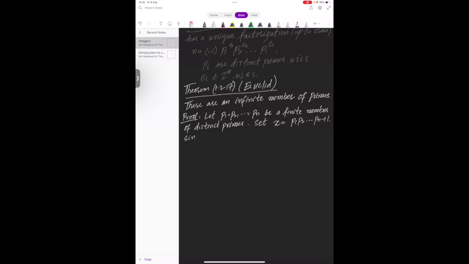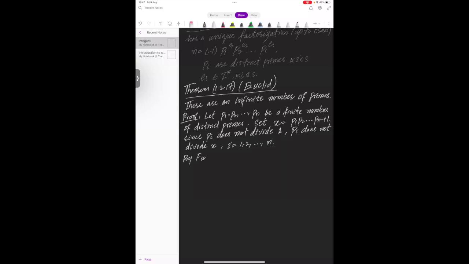Now, since pi does not divide 1, pi does not divide x, where i is 1, 2, up to n.